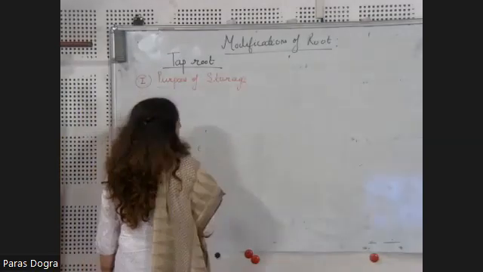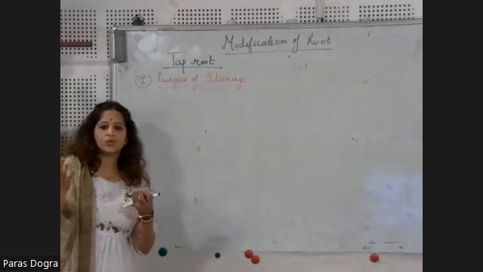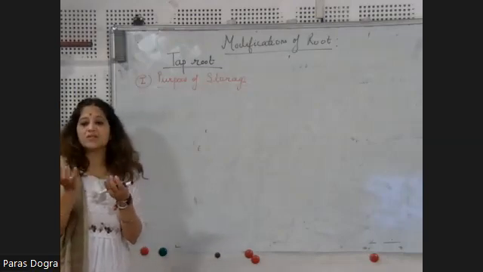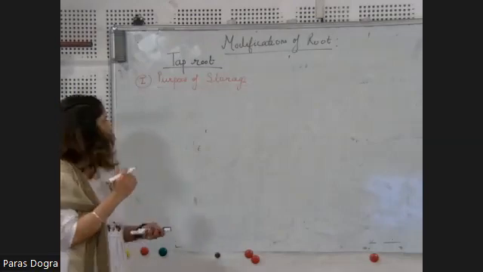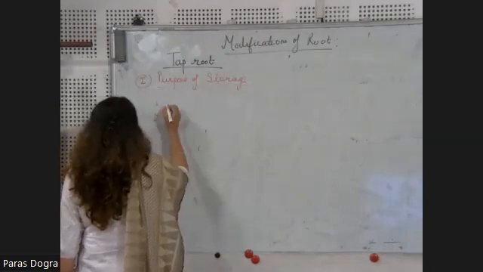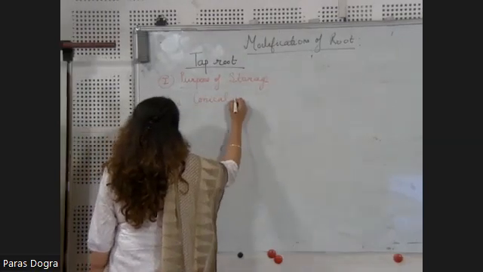What happens at times is that the root, besides doing its normal function, begins to store a lot of reserve food material for the plant. In this category, the first type is conical root form.